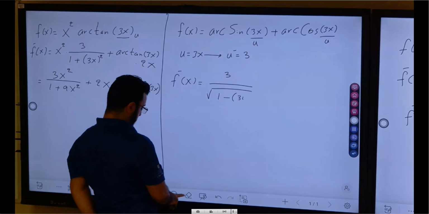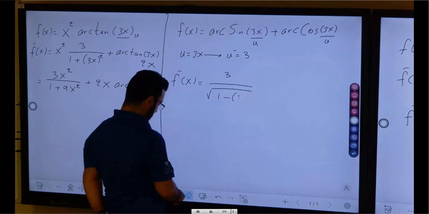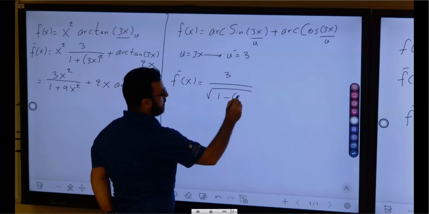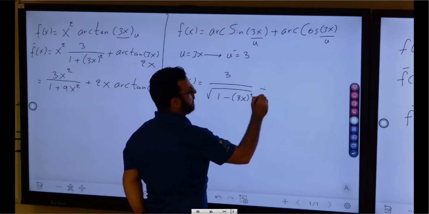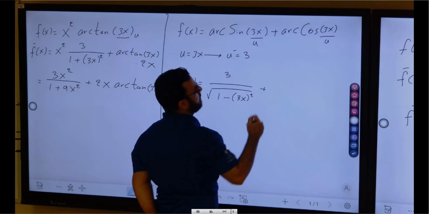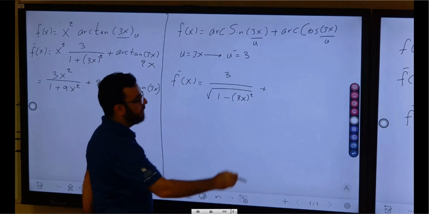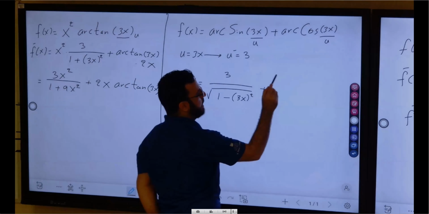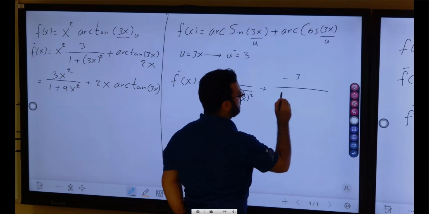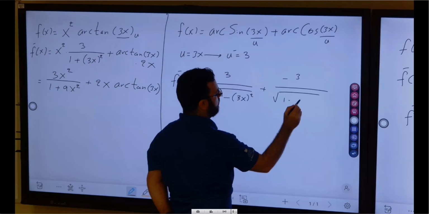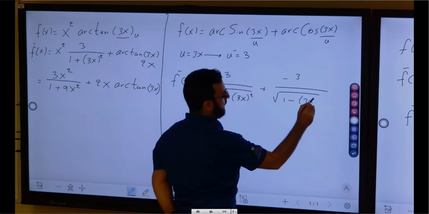Plus the same thing here. What's the derivative of the arccosine? The formula says negative 3 over the square root of 1 minus 3x squared.